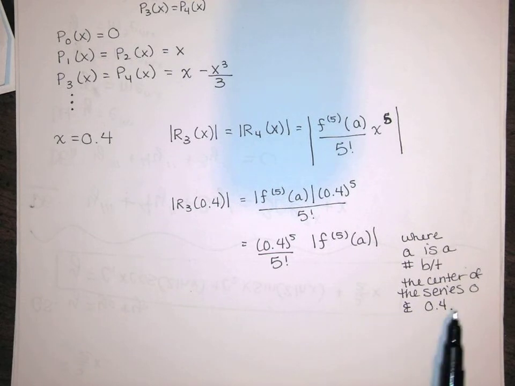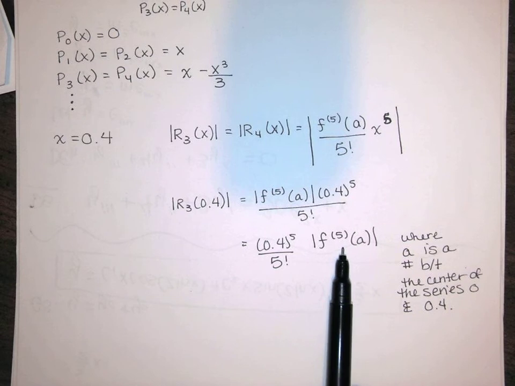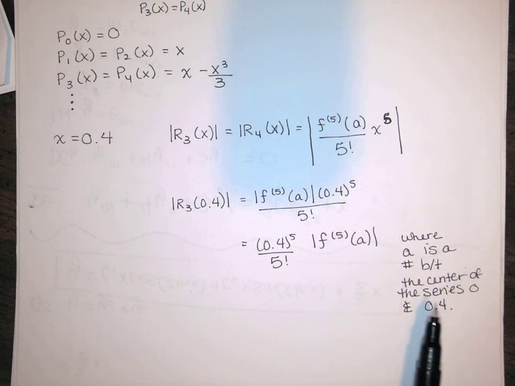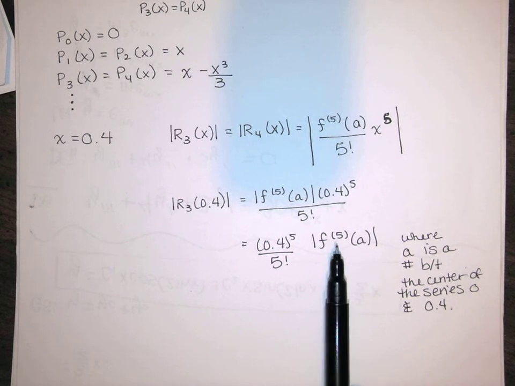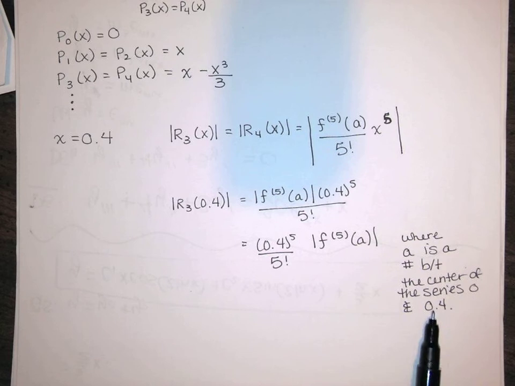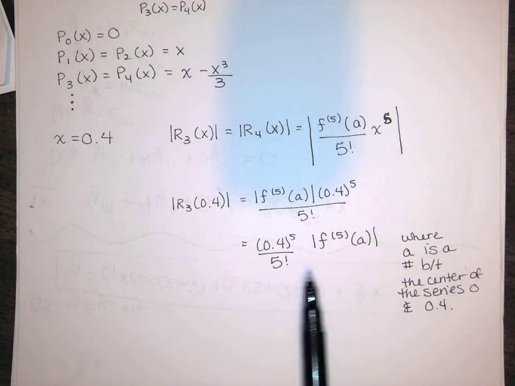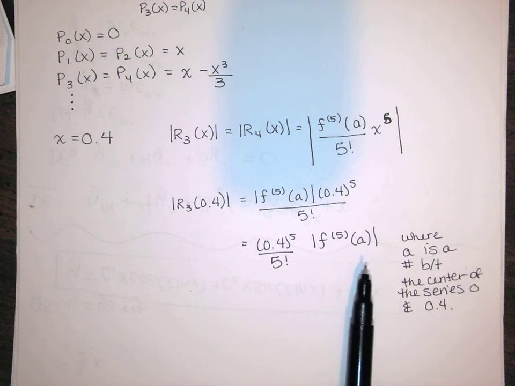Okay, so what I really need here is a maximum value of this fifth derivative. I need the maximum of the absolute value of the fifth derivative of the function on the interval from 0 to 0.4. That's going to be an upper bound for our error, because this is just the fifth derivative of the function evaluated at some number between 0 and 0.4.